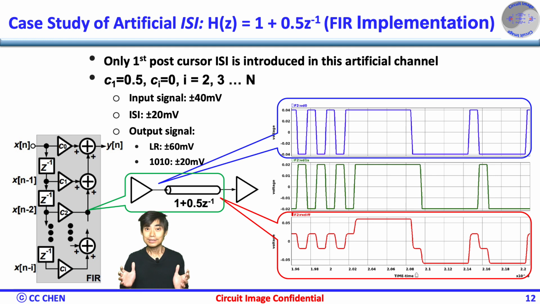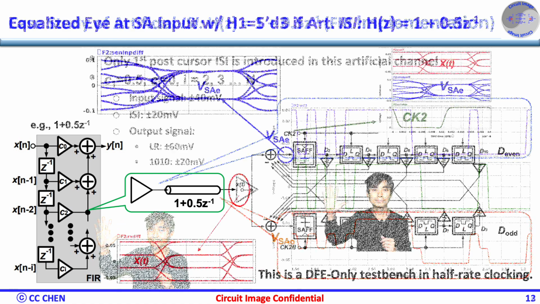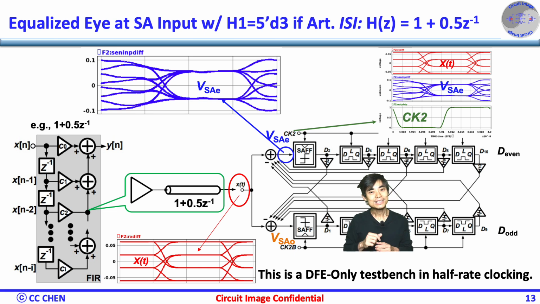Then, what do the artificial eye and equalized eye look like? Think about the multi-level and 2 levels for 5 seconds. Yes, as you can see, the main cursor has 2 levels. Adding the first cursor adds another 2 levels in combination, and there are 4 levels shown here.